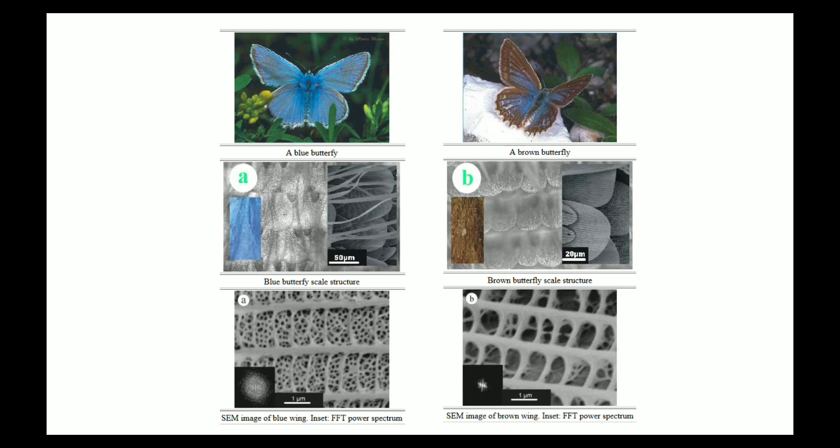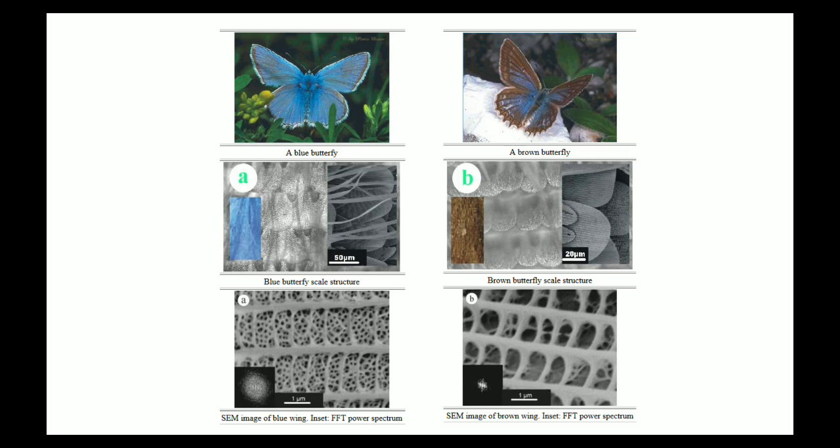The structure of the chitin, the thickness of the chitin is different, and the thickness of the air packets is different, and because of that the constructive interference of light happening here corresponds to a wavelength that represents the brown color. So this is how the nanostructure of the butterfly wing decides the color of that butterfly wing.